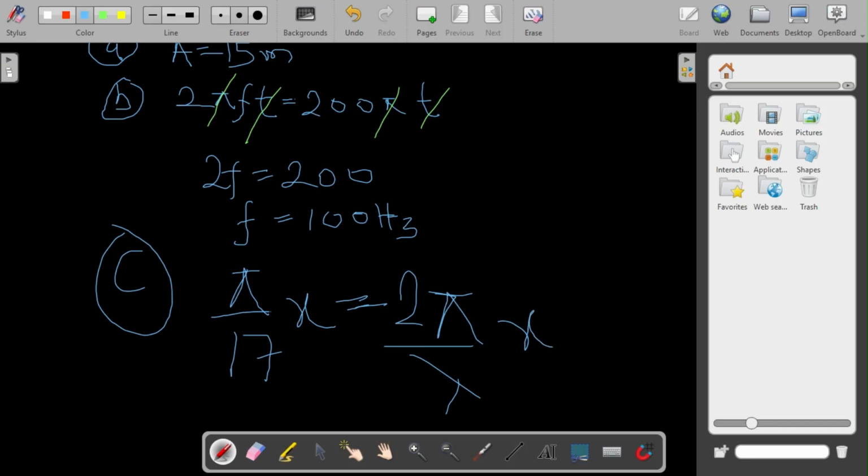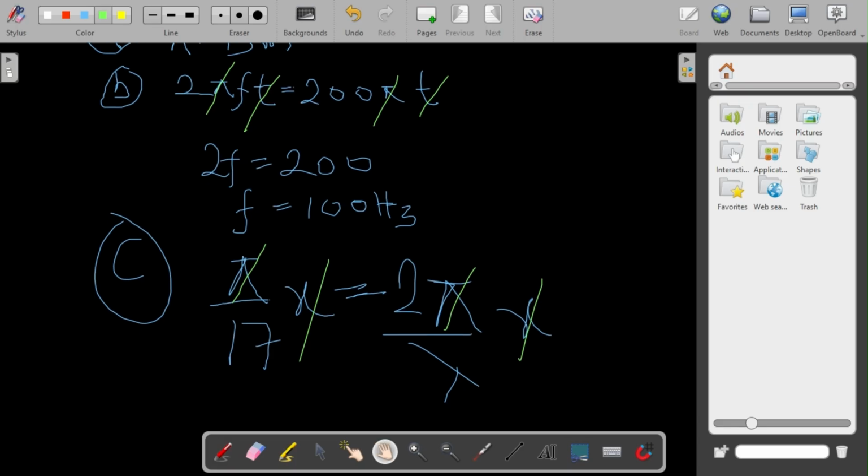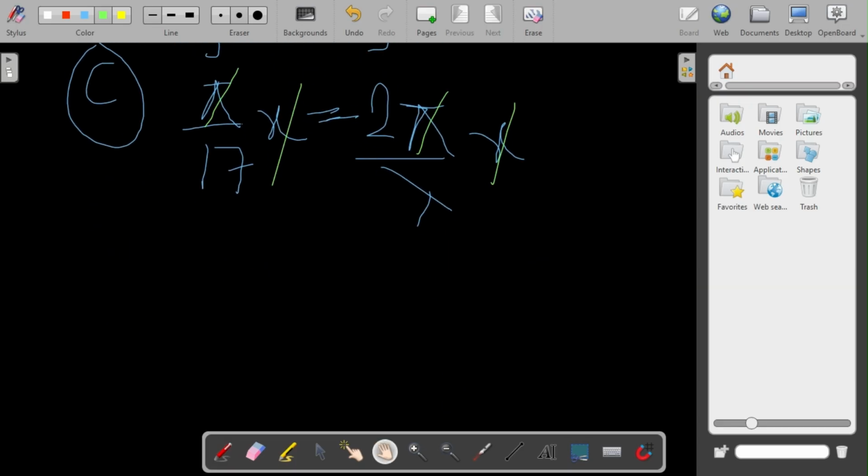So then this cancels this, and you have pi cancelling pi directly. When you cross multiply, you are just left with 1 over 17 x, x is out of it. 1 over 17 equals 2 over lambda.